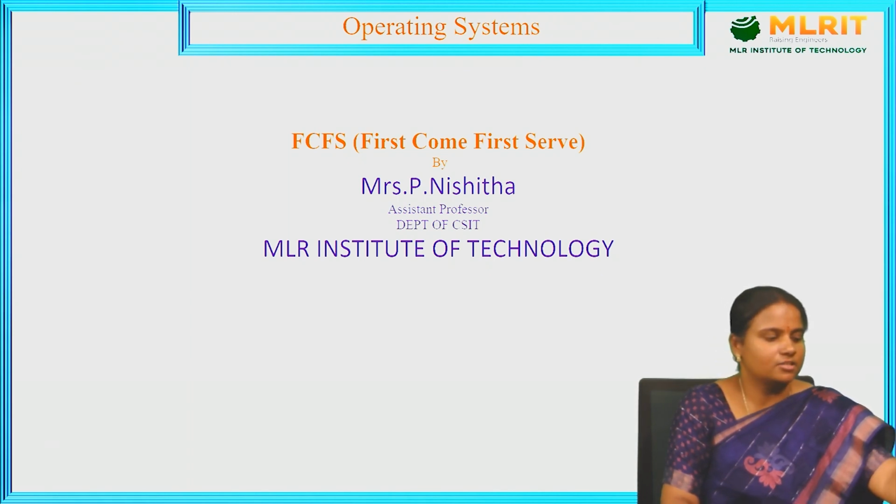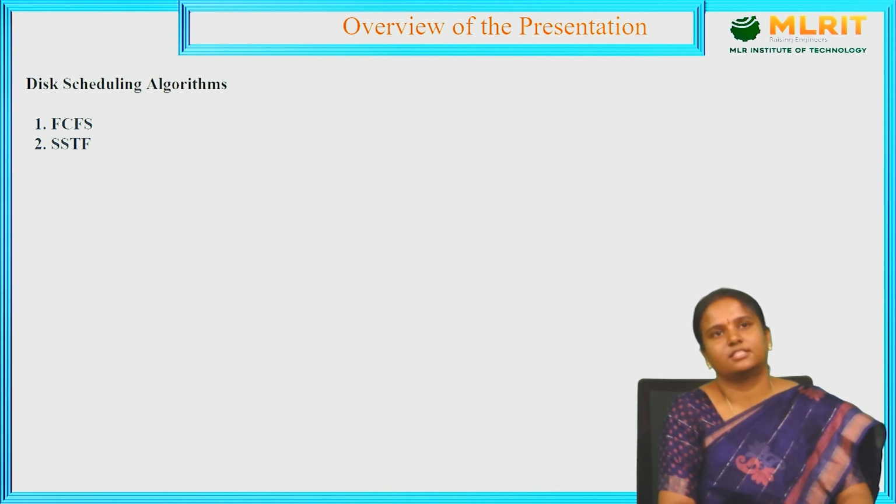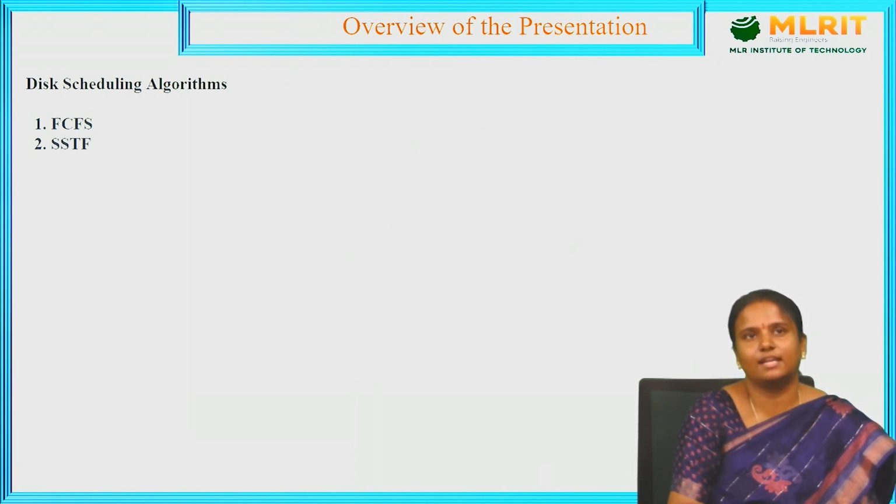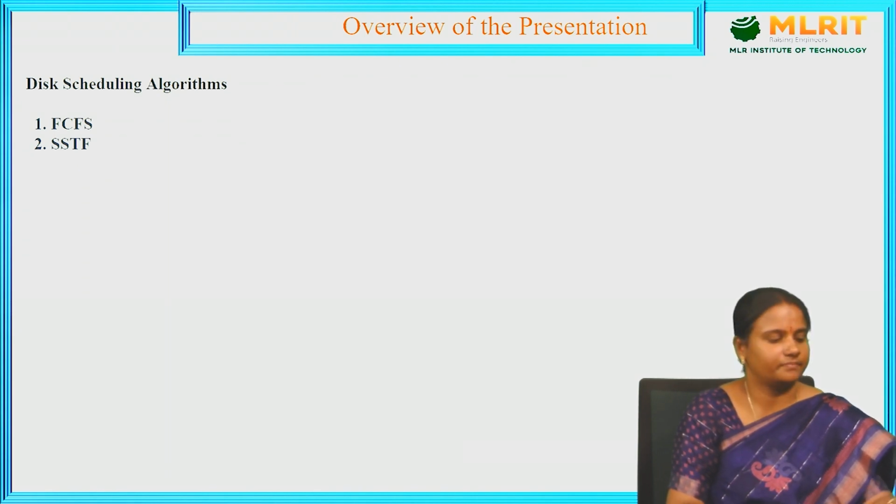problem. So, what do you mean by FCFS? Of the disk scheduling algorithms, we are discussing the first two: first come first serve and shortest seek time first.